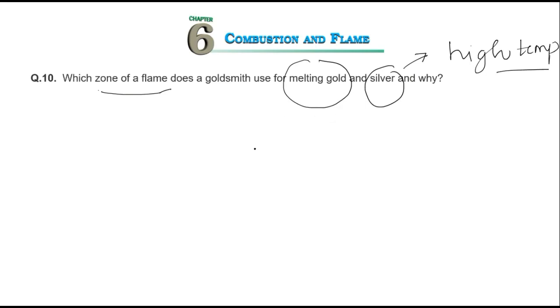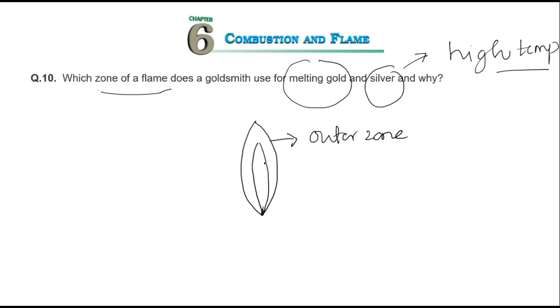As we know, every flame has three zones. The outermost zone is called the blue zone, the outer zone. In between there is a zone called the middle zone, and last we have the innermost zone.